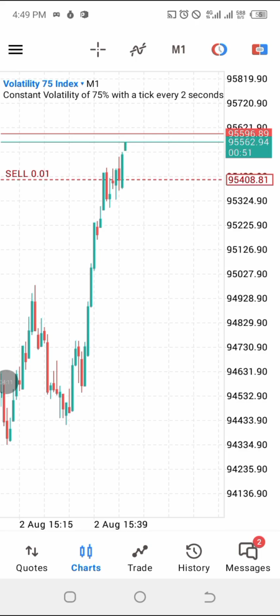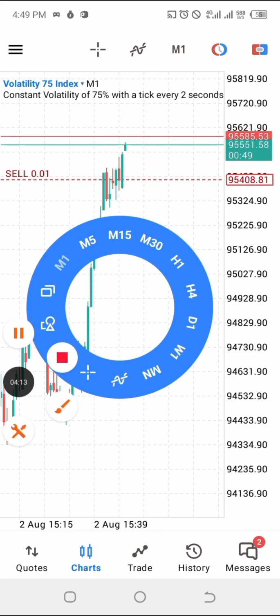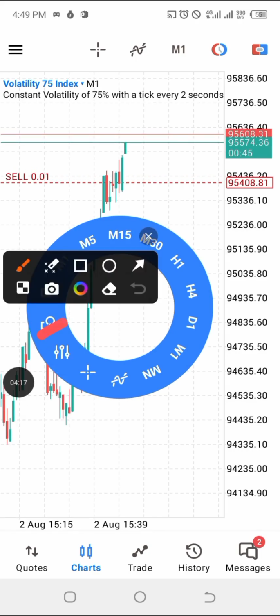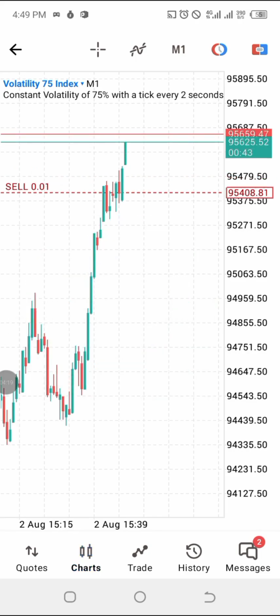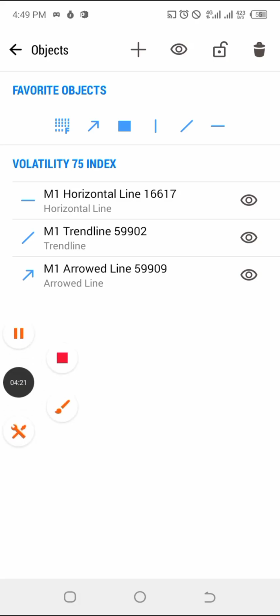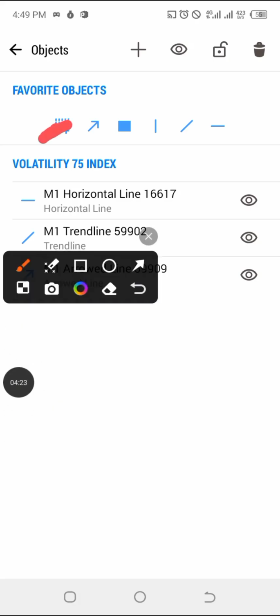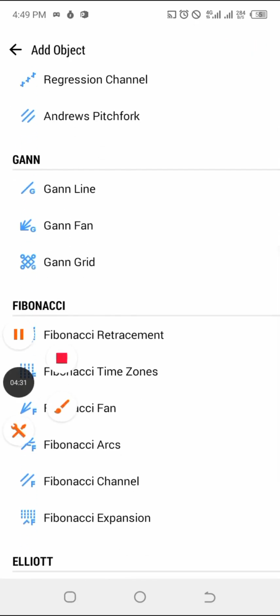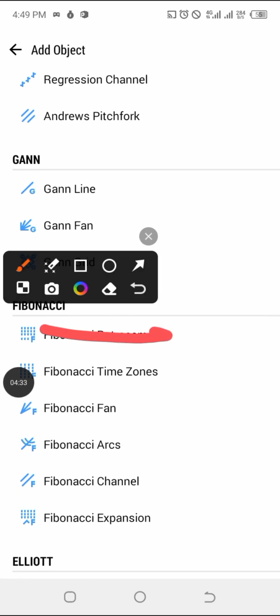This is how you calculate it. Tap on your phone screen. You tap here. This is Fibonacci 2, but if it's not here, tap here. See, Fibonacci retracements.